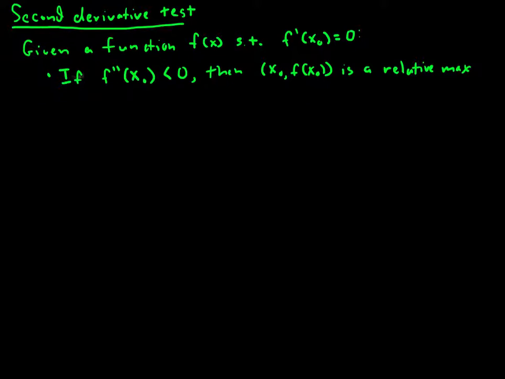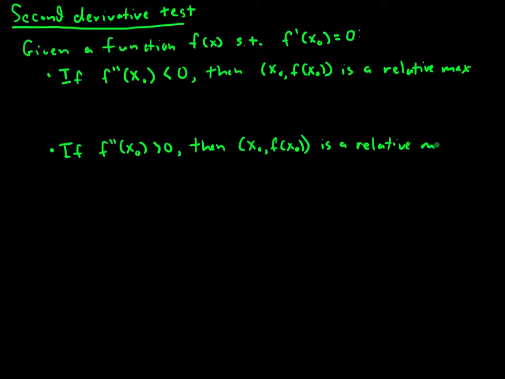And I'll come back and explain this after I show the other piece to it. If f double prime of x naught is greater than 0, meaning concave up, then x naught, f of x naught is a relative minimum.